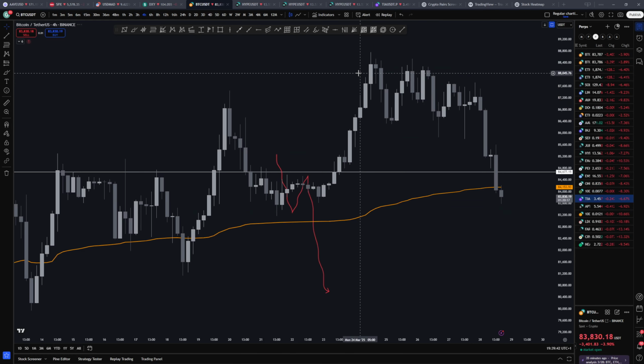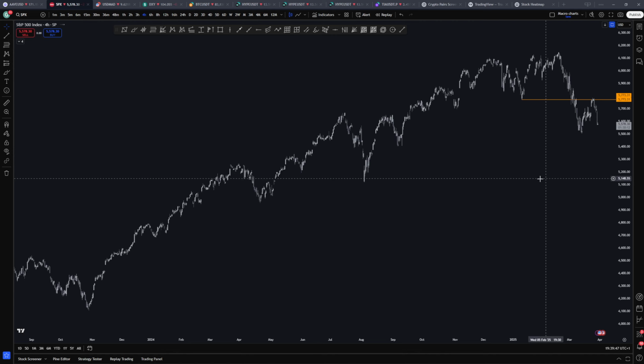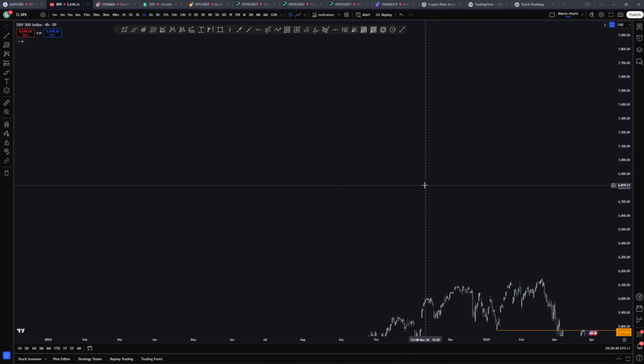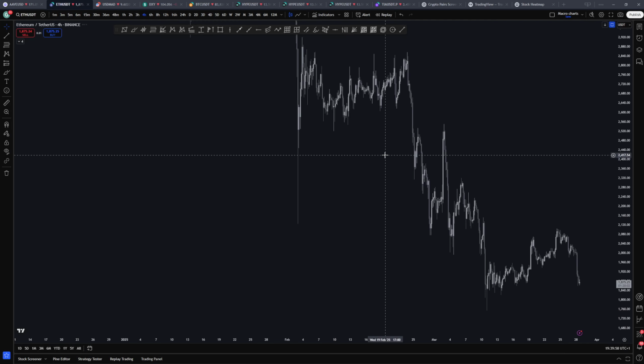What we're gonna do is we're gonna talk about harmonics. Now, to talk about harmonics, we have to start somewhere else. To talk about harmonics, we actually have to start with traditional TA, which is very weird.